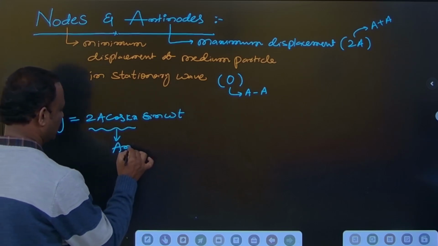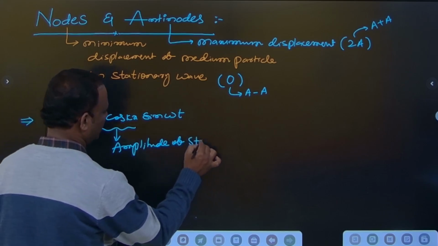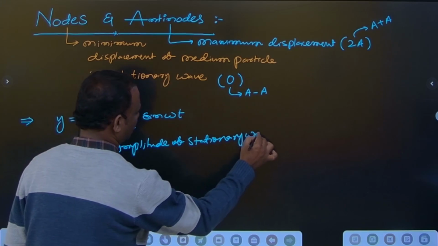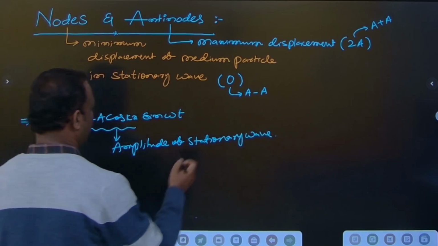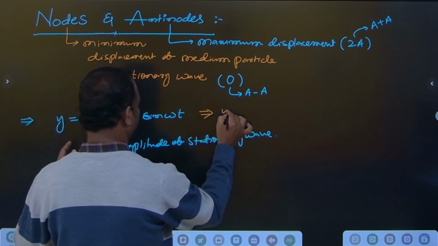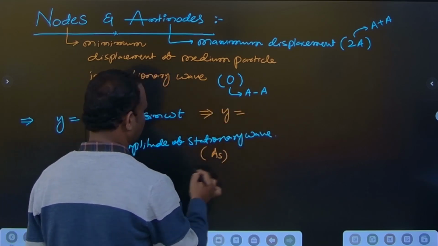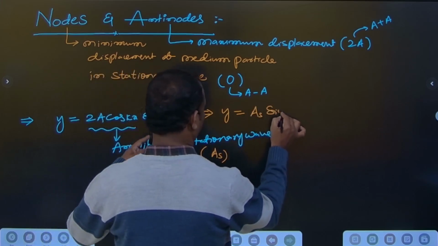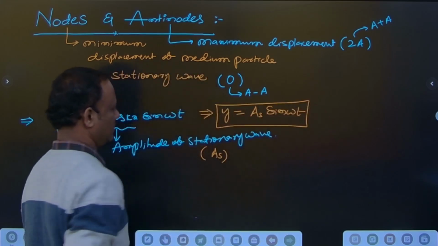This is the amplitude of the stationary wave. I am taking it as A_S, so y equals A_S sin omega t is the general condition.